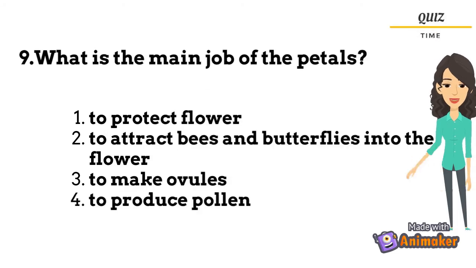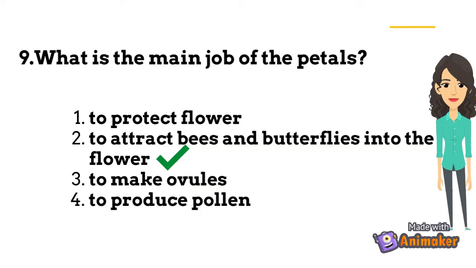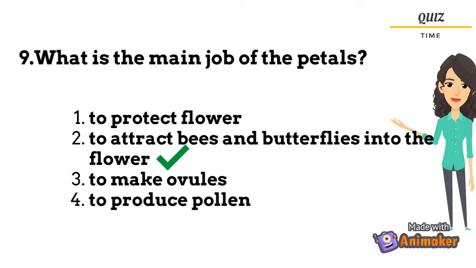What is the main job of the petals? The options are to protect the flower, to attract bees and butterflies into the flower, to make ovules, to produce pollen. To attract bees and butterflies into the flower. The right answer is to attract bees and butterflies into the flower.